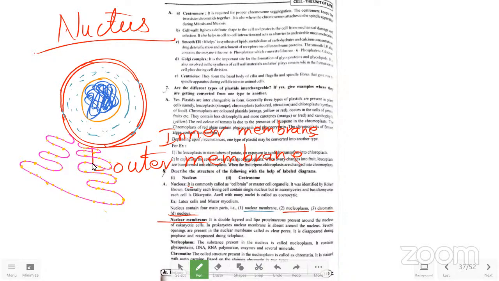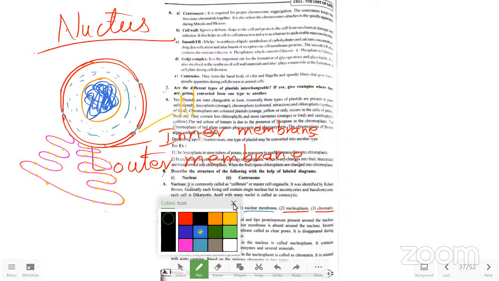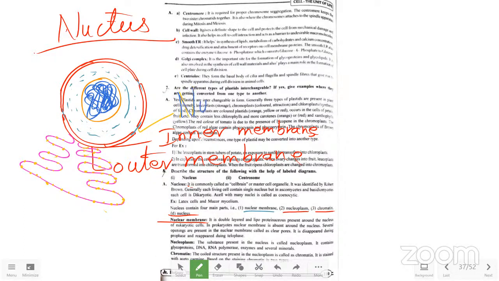Wherever there are gaps in the nuclear membrane, those are called nuclear pores. These nuclear pores allow easy passage of the proteins prepared by the genetic material inside the nucleus, as well as transfer of the genetic material when needed.